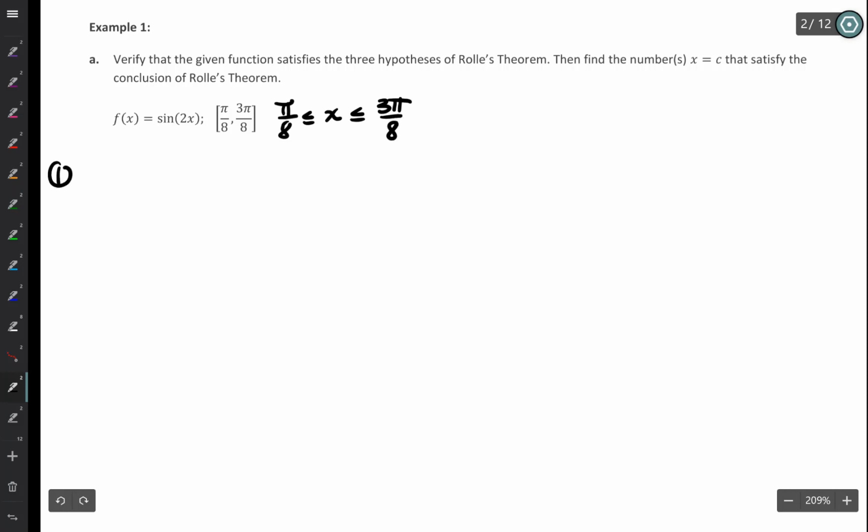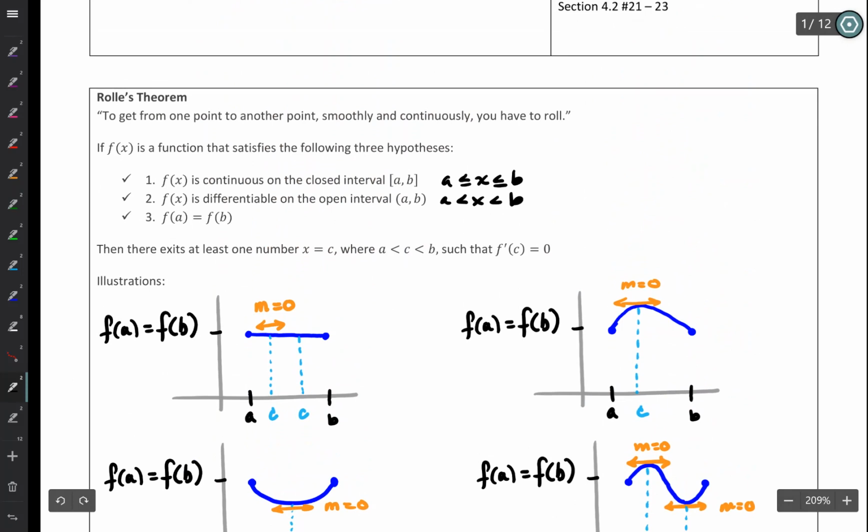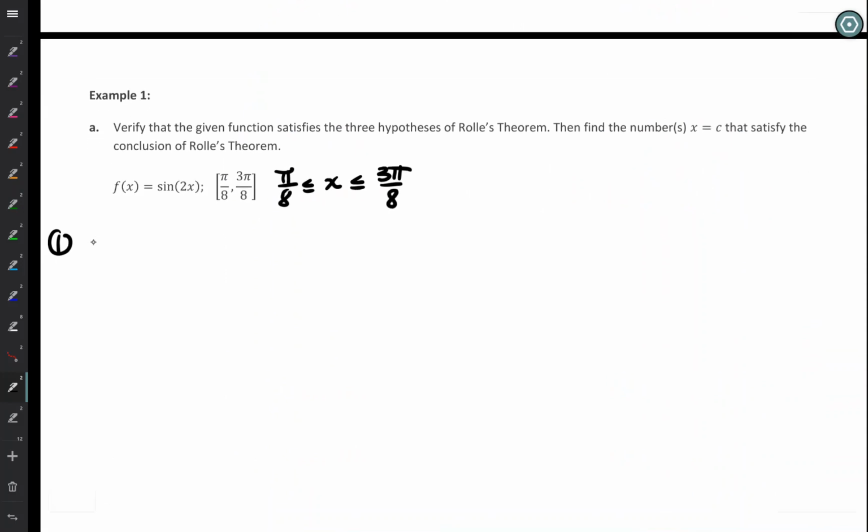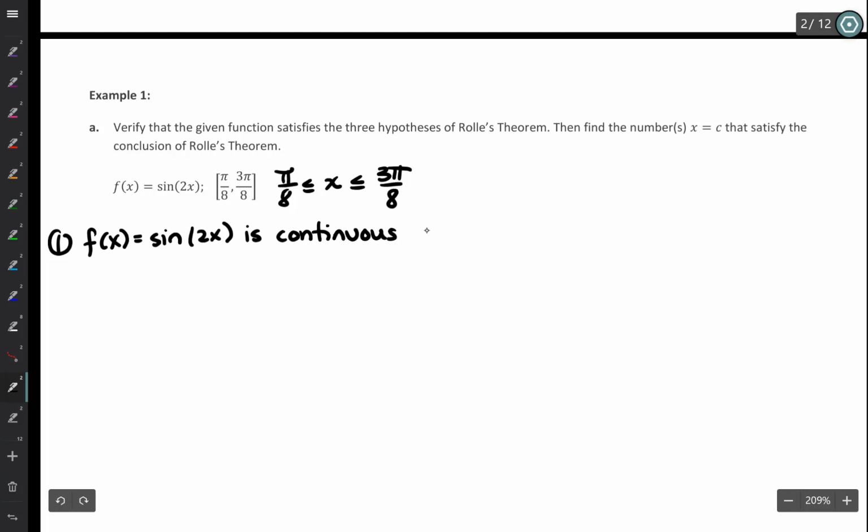The first hypothesis of Rolle's theorem is that the function is continuous on the closed interval. My function f of x, which is sine 2x, is continuous on all real numbers. In particular, it's continuous on pi over 8 to 3 pi over 8.